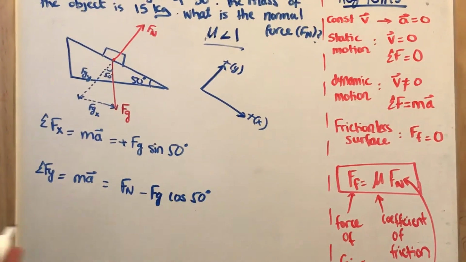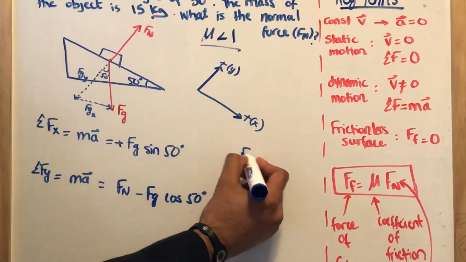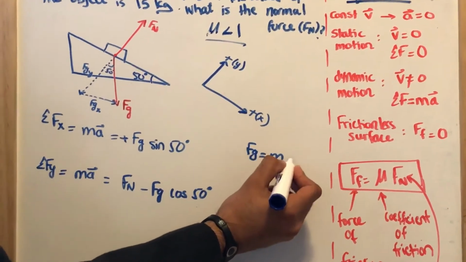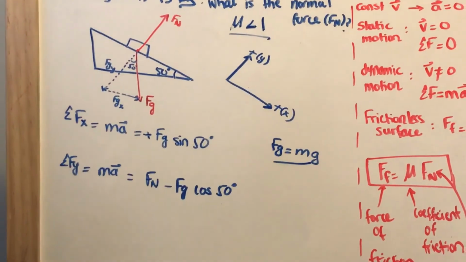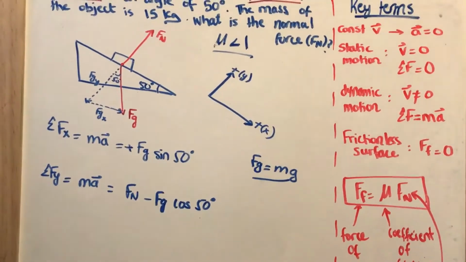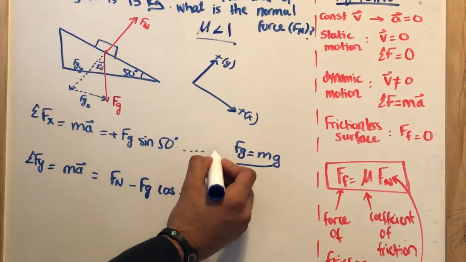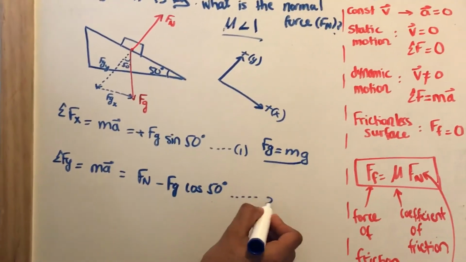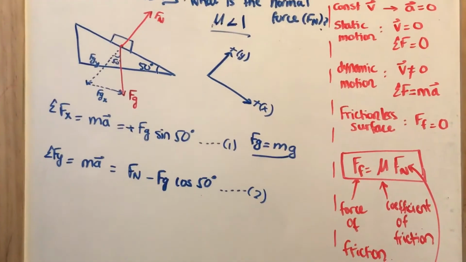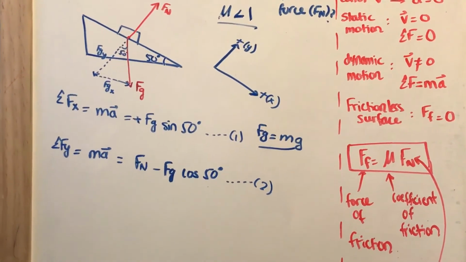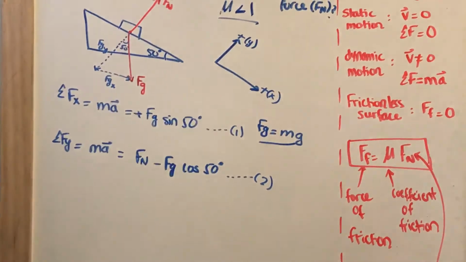Okay, now from unit number 1 in Physics 20, you must have seen this equation: Fg is equal to mg. We're going to label this as equation number 1 and this one as equation number 2, and solve these two equations to find our answer.